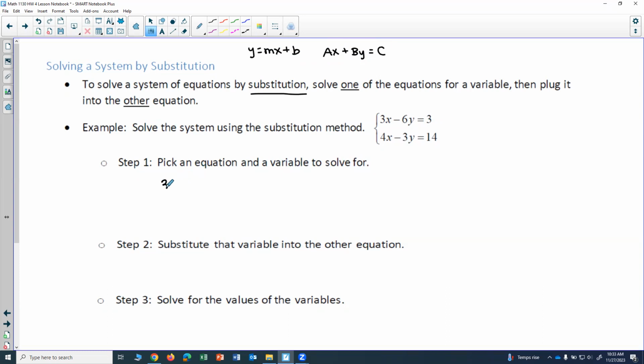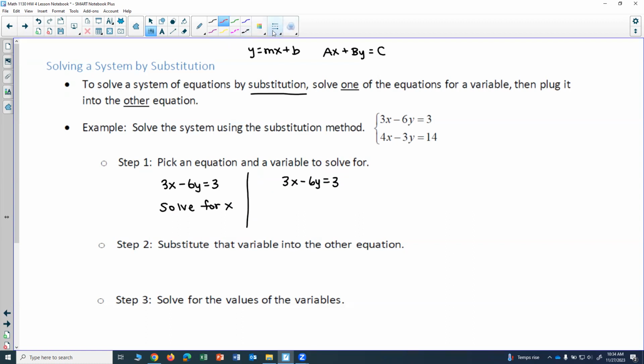So I'm just going to go ahead and pick the first equation. I have 3x minus 6y equals 3, and I want to go ahead and solve for x. You could pick either equation and either variable.